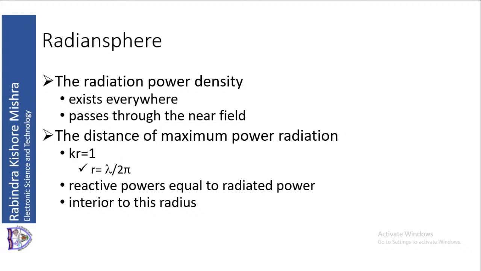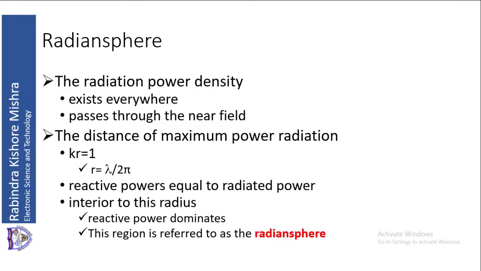So interior to this radius, R equal to lambda/2 pi, that is the zone which is the near field. This region is called the Radian Sphere. So R less than lambda/2 pi is called the Radian Sphere.